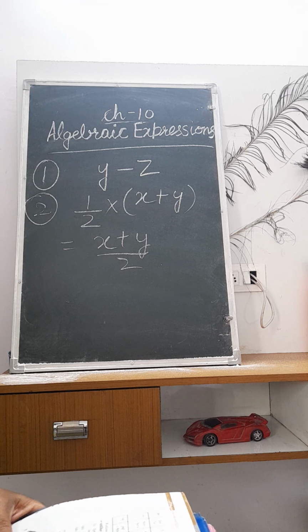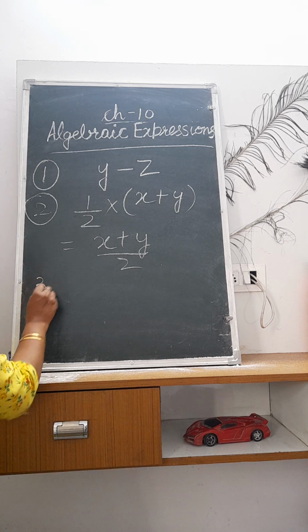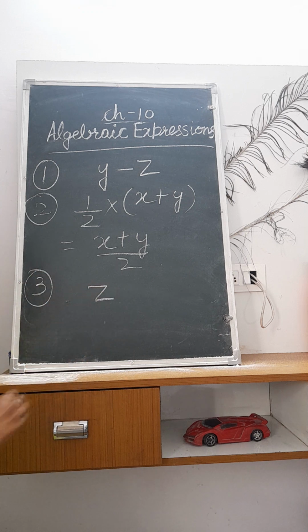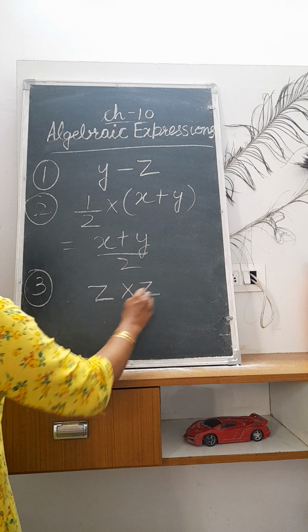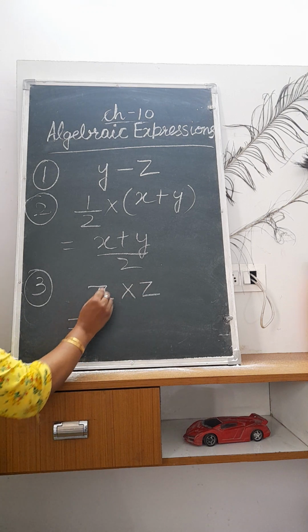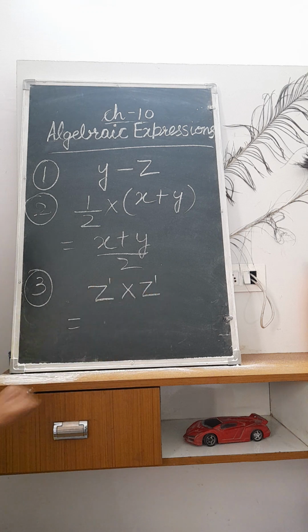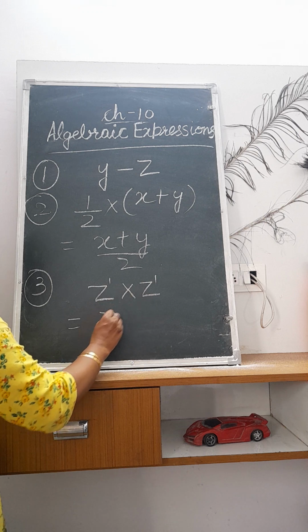Now the third part: the number z multiplied by itself. z multiplied by z. When nothing is written, it means its power is 1. Here z and z are coming two times.